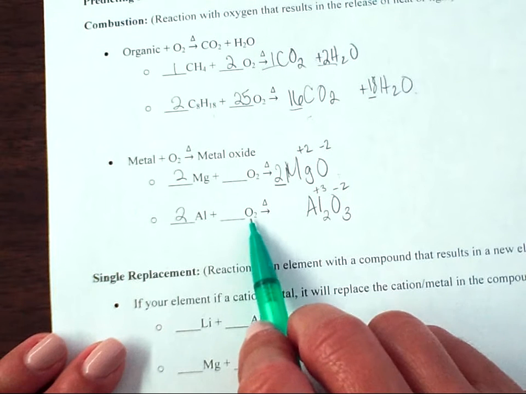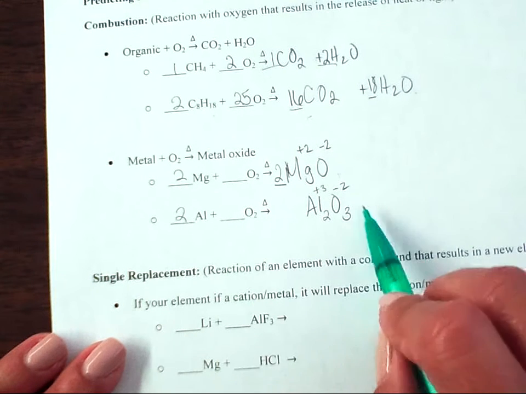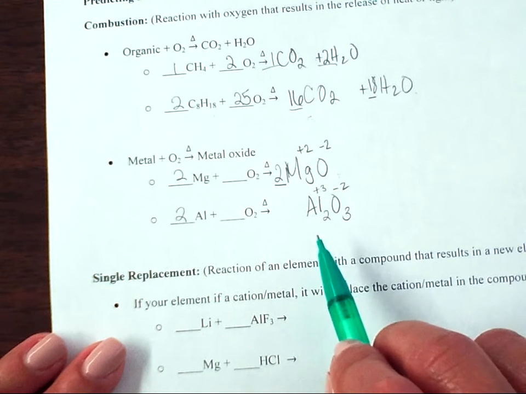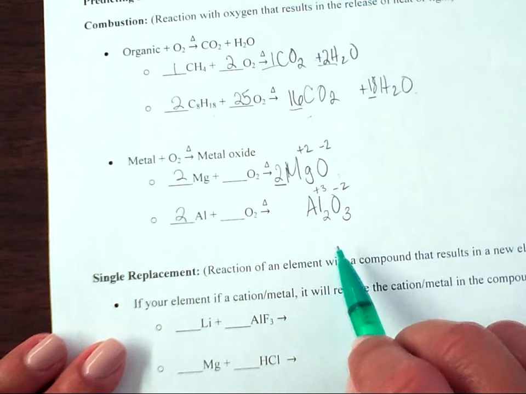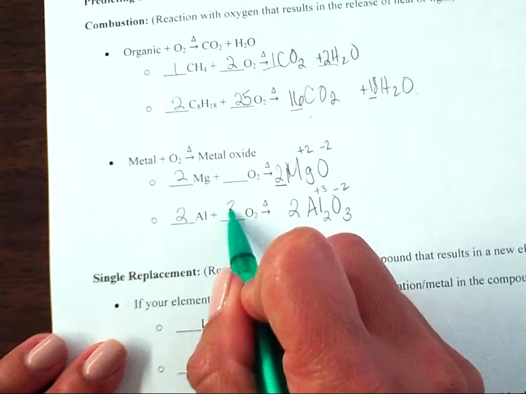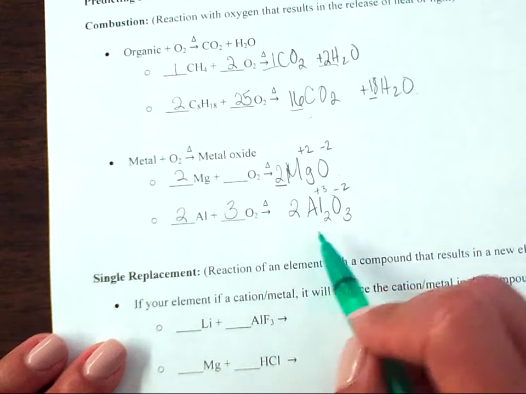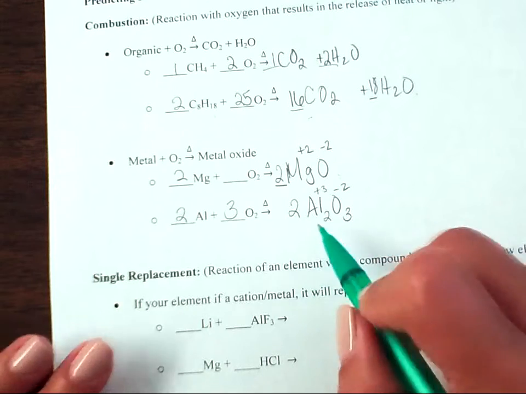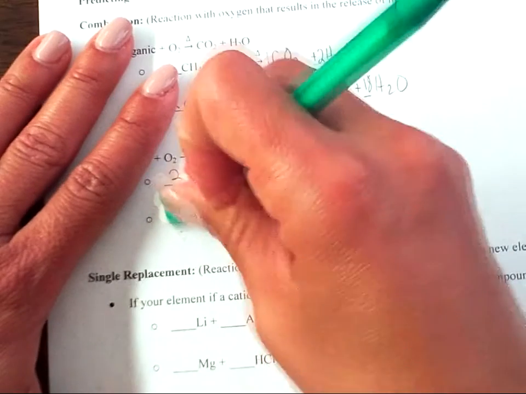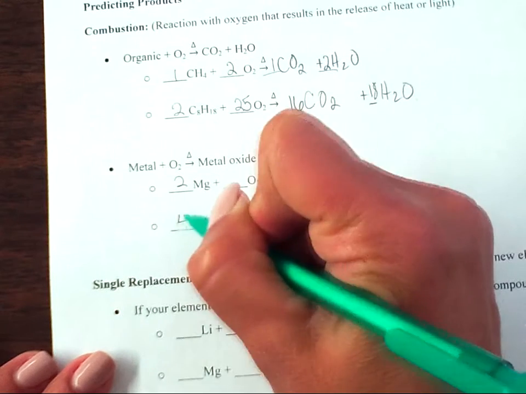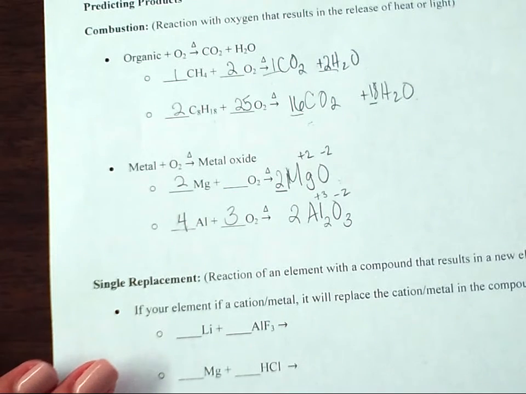For the oxygens, I have 2 on the left and 3 on the right. It's a good idea to do the reciprocal anytime you have a 2 and a 3 combination. So I'm going to put a 2 here and a 3 here to make it a total of 6 oxygens on both sides. But when I did that, it changed the aluminum, and now I have 4 aluminum on the right. I need to go ahead and change that to a 4.